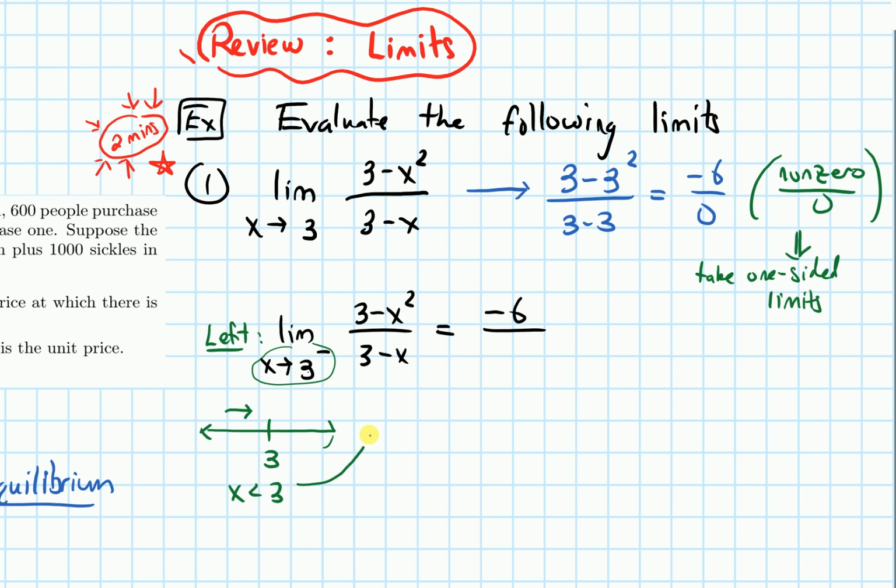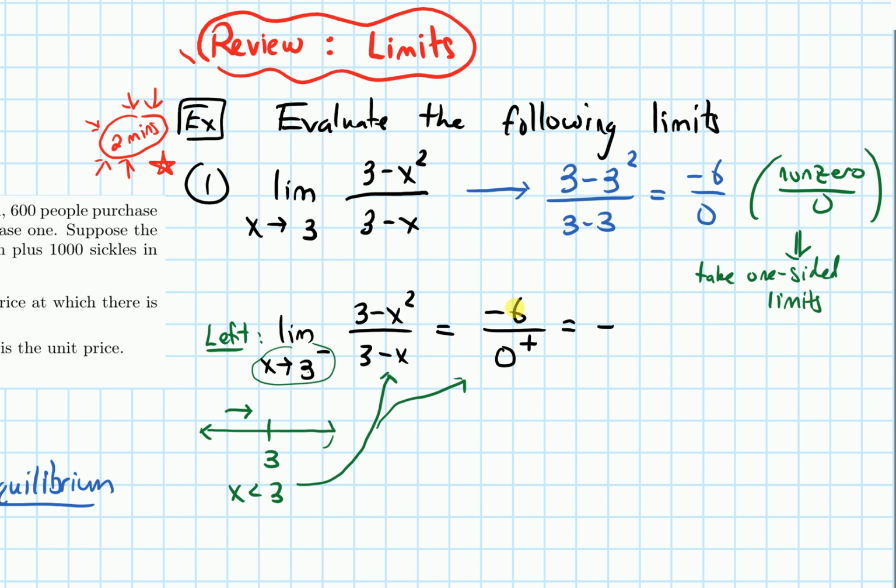If I plug in a number smaller than 3, like 2.9 or 2.99, for x, that makes my denominator get really close to 0, but it will be positive. I indicate that by writing 0 with a little plus sign. That was our notation. So overall, I have a negative number on top and a positive number on the bottom, because it's a little bit bigger than 0, which makes this whole thing negative.